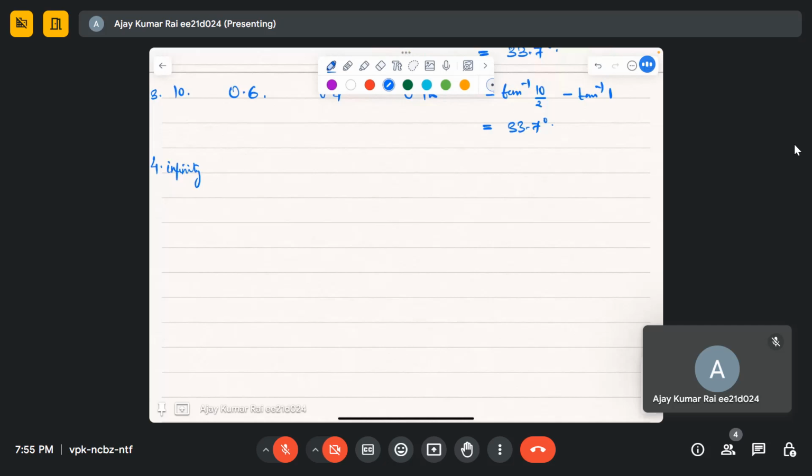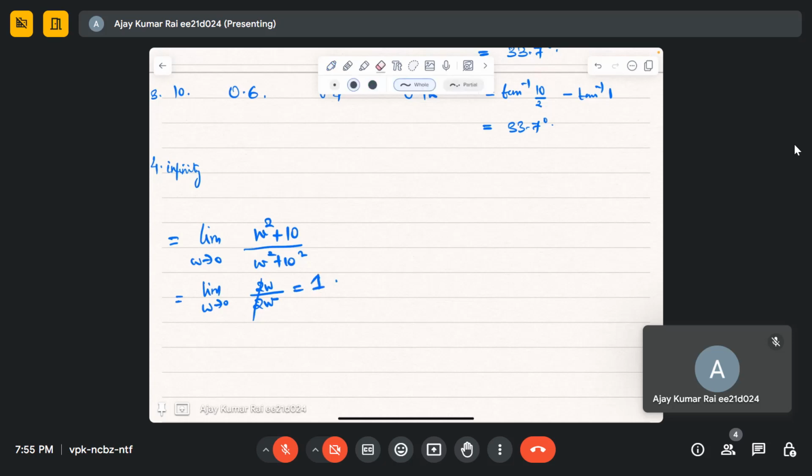You have to find the limit as omega goes to infinity of omega square plus 20 over omega square plus 10 square. This is an infinity by infinity form, so what you used to do is differentiate. You'll get 2 omega by 2 omega, which is equal to 1, right?